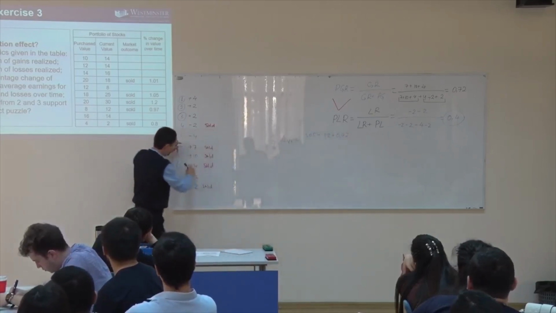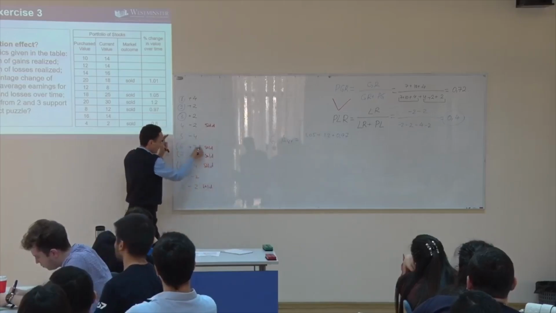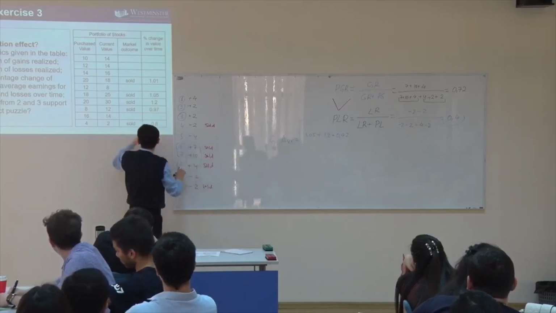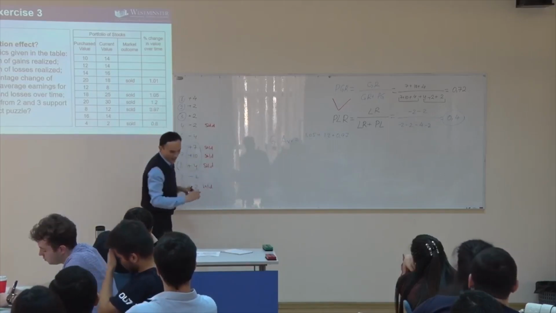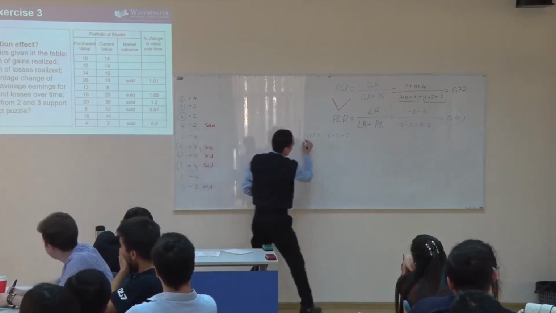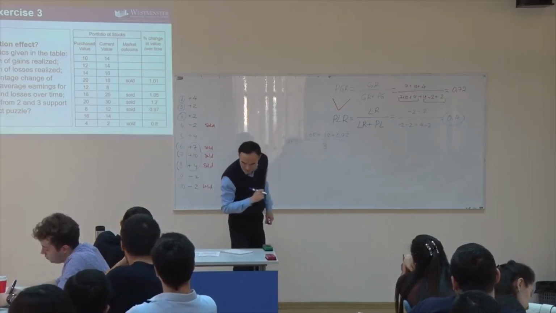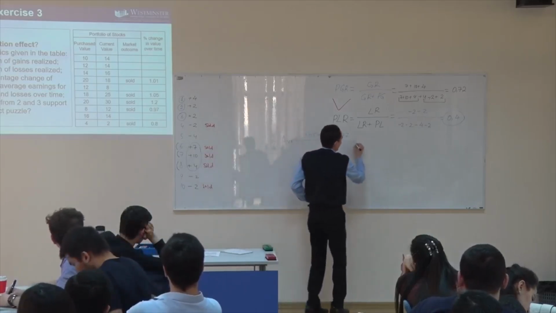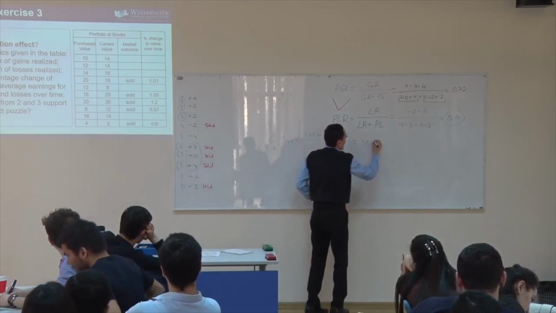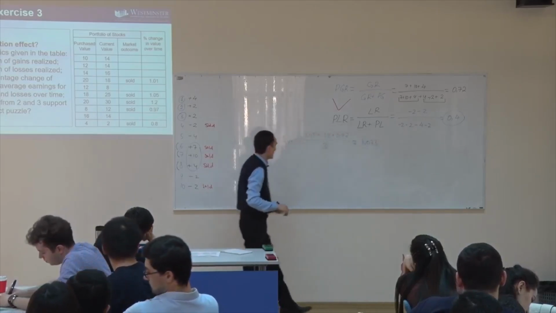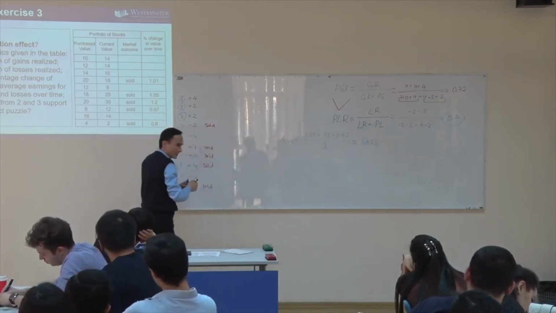Because these are 3 ones, they were positive. I am considering gain ones, these 3. And now, if we divide by 3 for the average, it will give you 1.073.